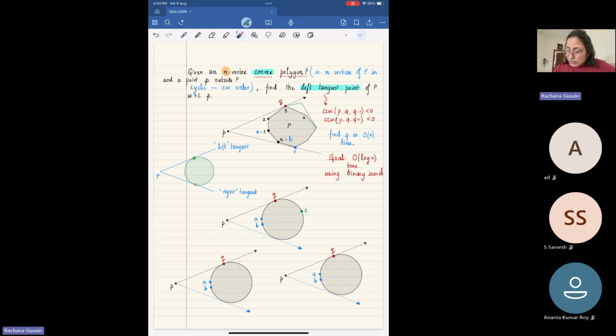Now, when it is in the inner side, it can be either above A, somewhere in this region, between, I don't know where the point I want to find is, but C will be either in this region or in this region. So there are two cases here. If there is any confusion so far, let me know.